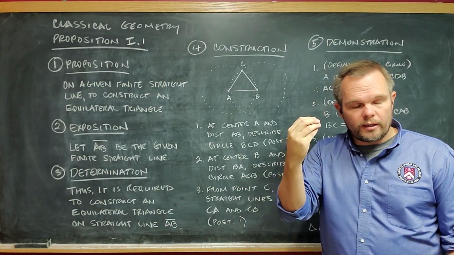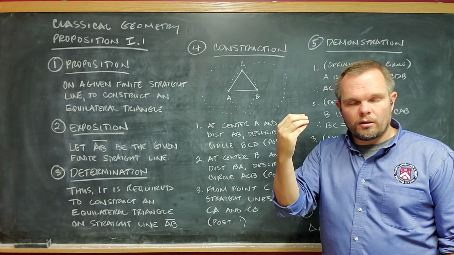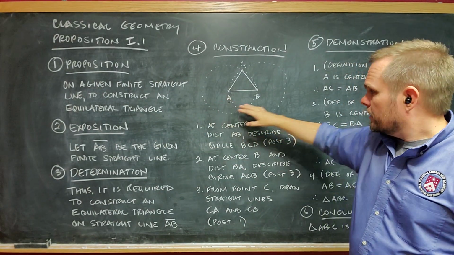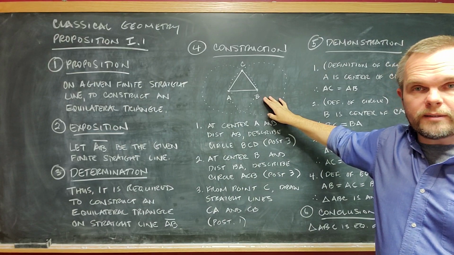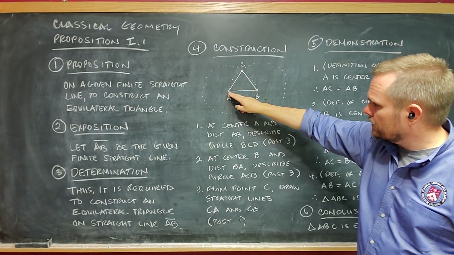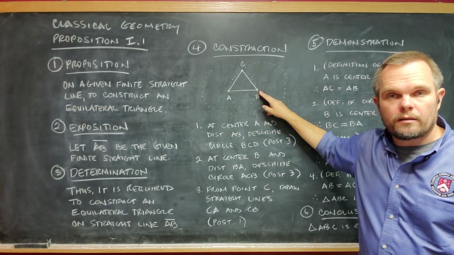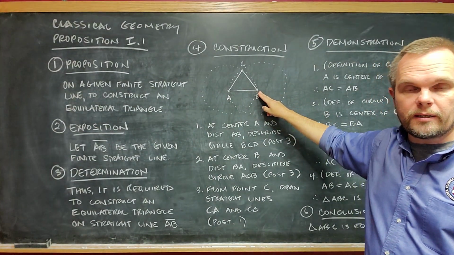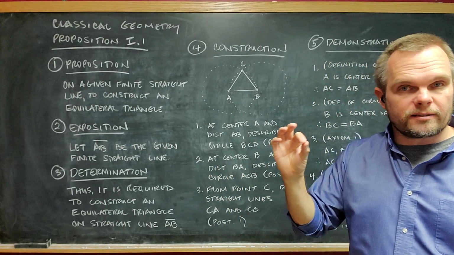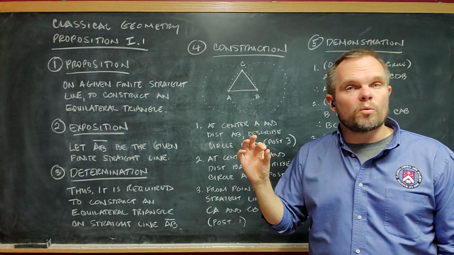And you have to imagine an invisible point that we call point A, and an invisible point that we call point B. And then you have to imagine a straight line connecting those points A and B. That straight line would also be invisible because it has length, but it has no width.